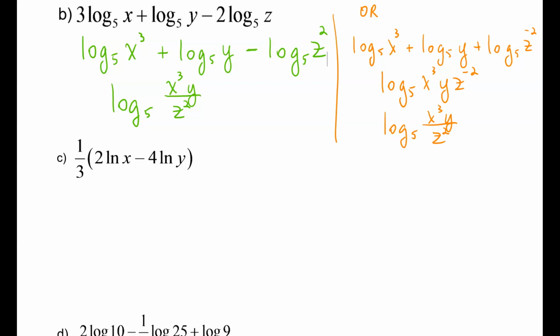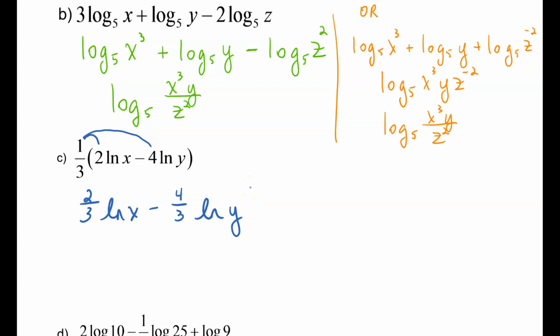Multiply or distribute the 1/3. Yes, we've got to distribute that 1/3 through. So 1/3 times 2, we would have 2/3 natural log of x, and then the 1/3 times the negative 4, so we would have minus 4/3 natural log of y.